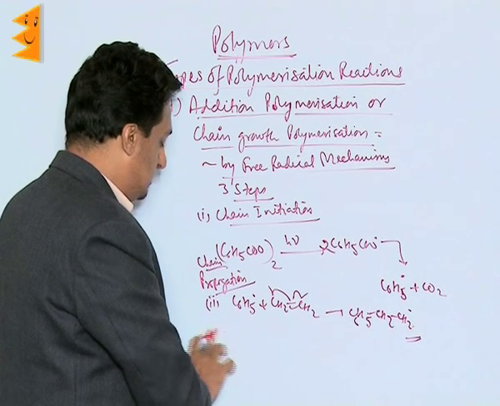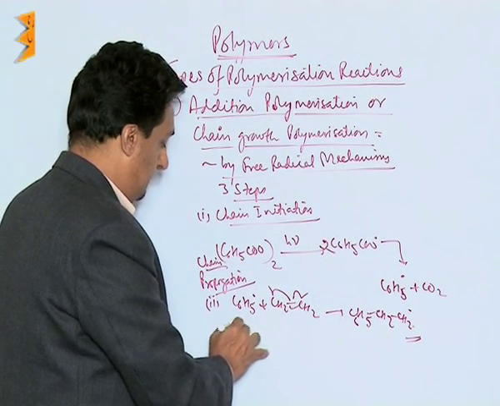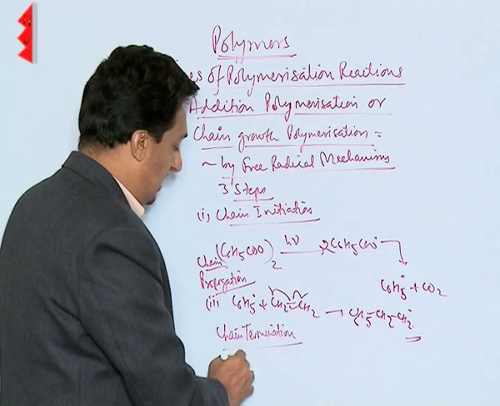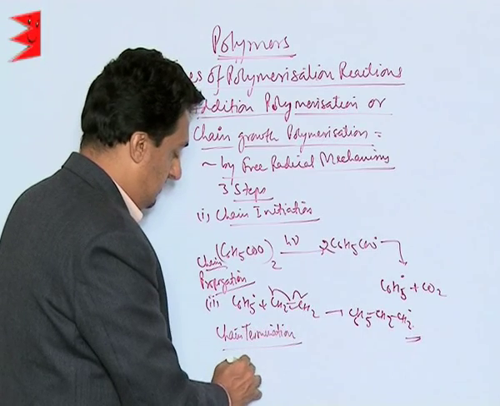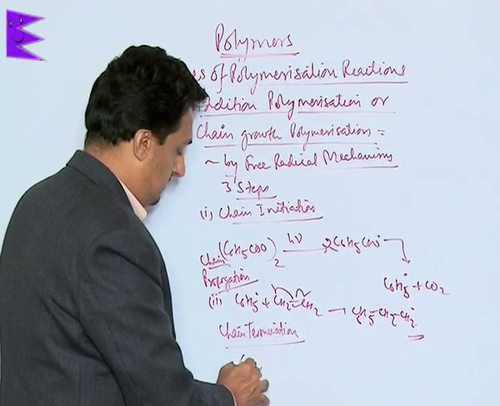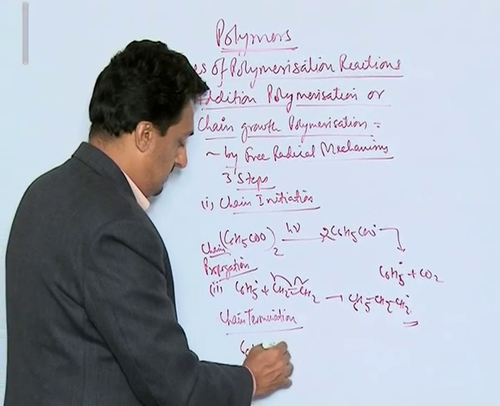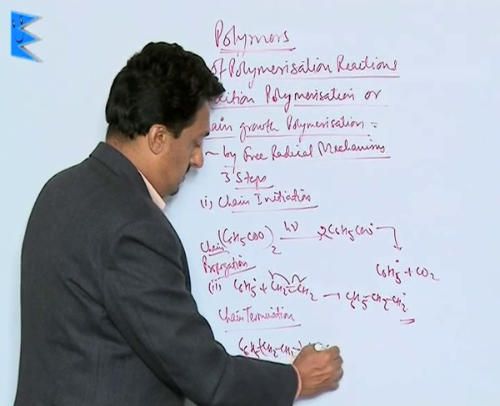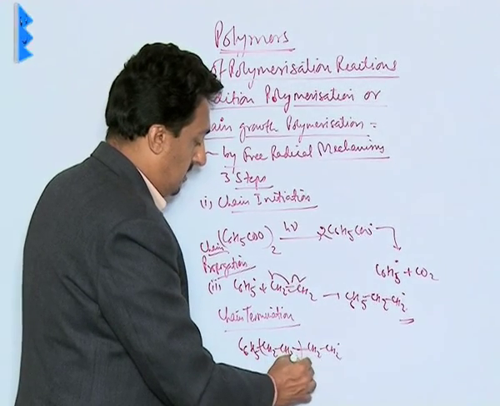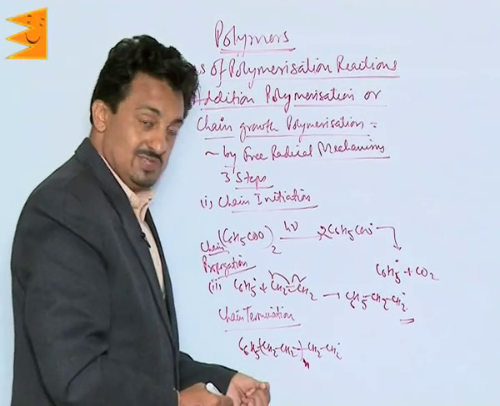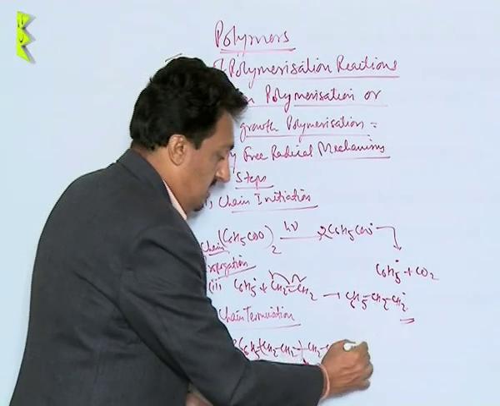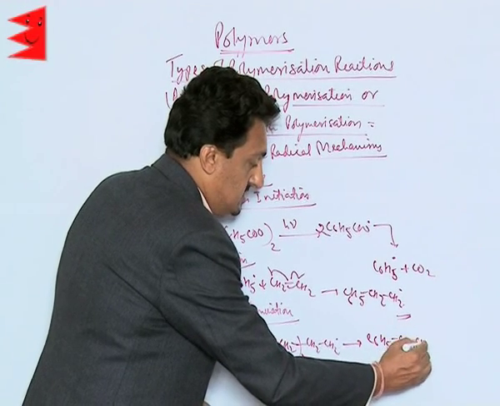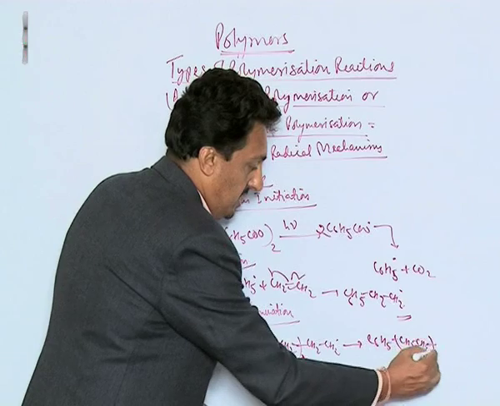And the third step, the chain termination, will involve what? The combining of these two types of molecules, like this one, leading to the formation of C6H5CH2 like this one.